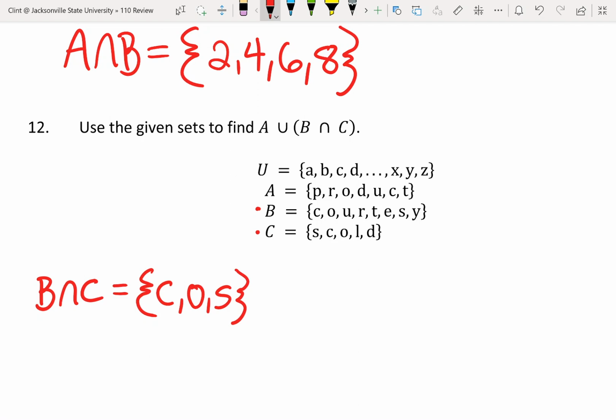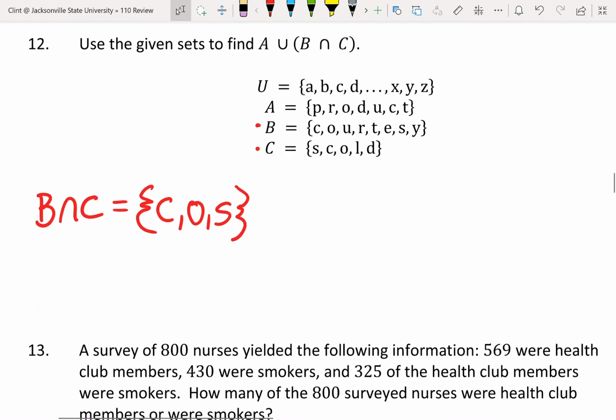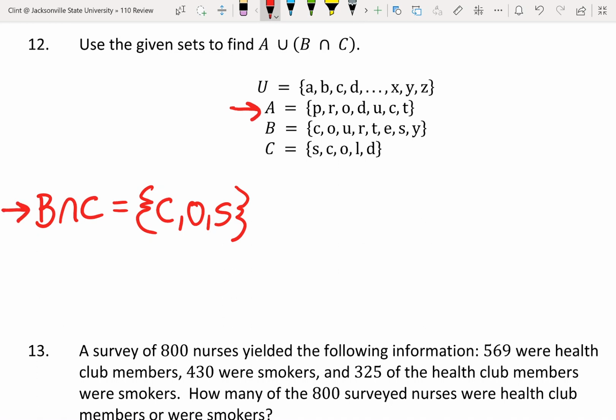I would have missed a little bit of credit on that one. Now we take our new set and we're going to do the union with set A. So we're using this set and this set and doing the union.